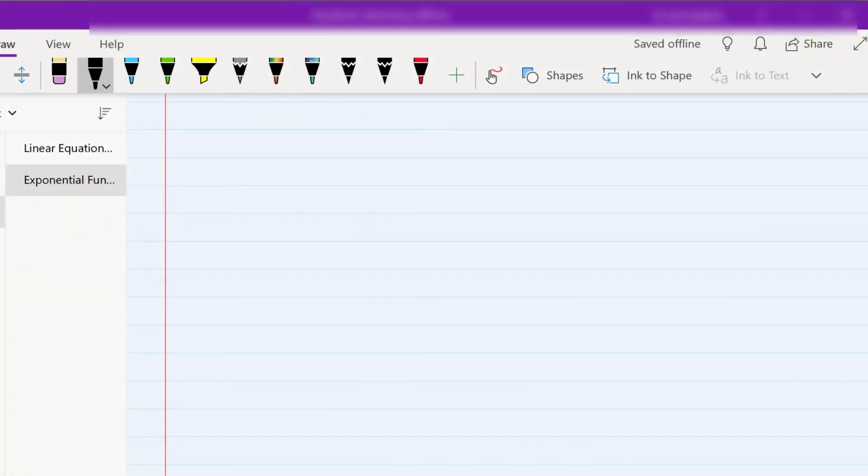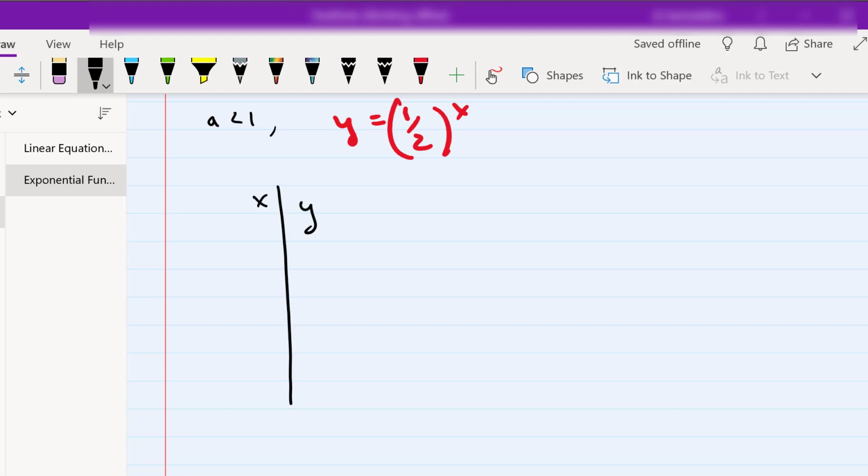Let us now consider the case when a is less than 1, for y equals 1/2 to the x, and take a look at what happens. If we construct a table of values, x, y equals 1/2 to the x, and again we have minus 3, minus 2, minus 1, 0, 1, 2, 3. When x is minus 3, we have 1/2 to the minus 3, or 2 cubed, which is 8.